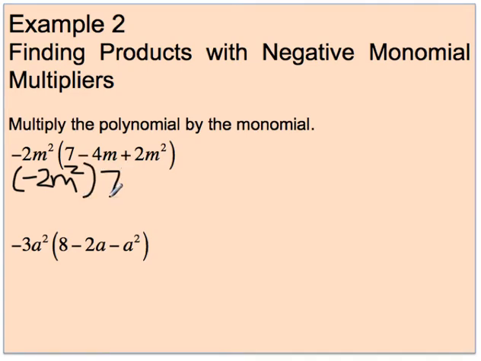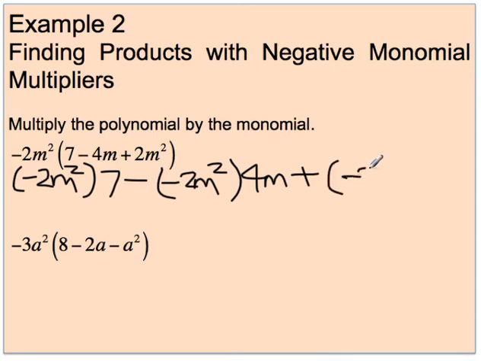We're going to keep the sign the same, so the negative that is attached to the 4m is going to stay there, and we multiply that by negative 2m squared. Then for the positive 4m, we keep the positive sign, and we multiply negative 2m squared by the 2m squared inside the polynomial.